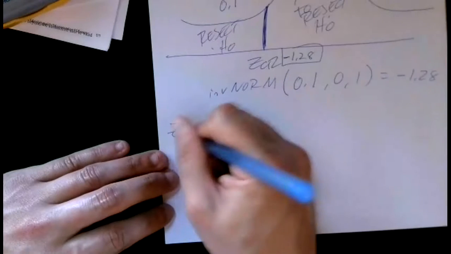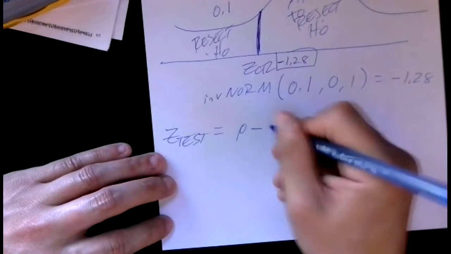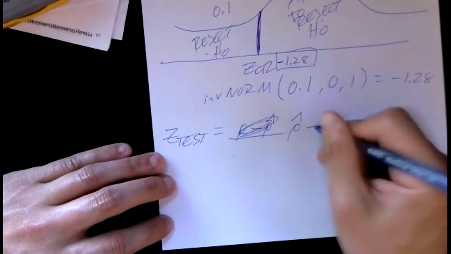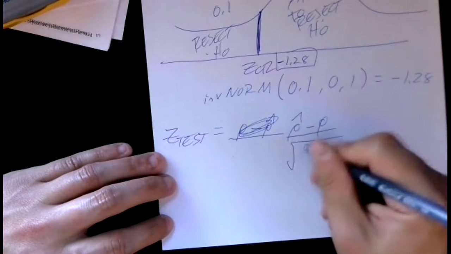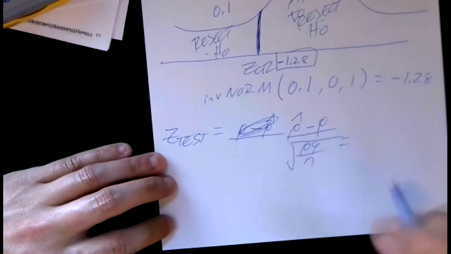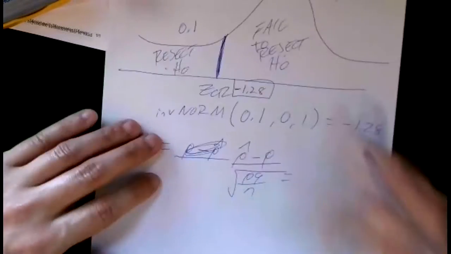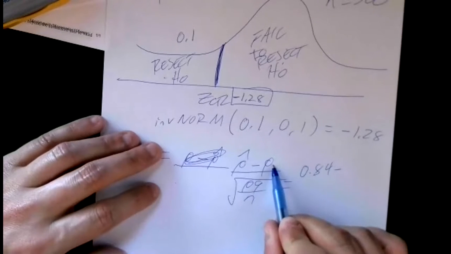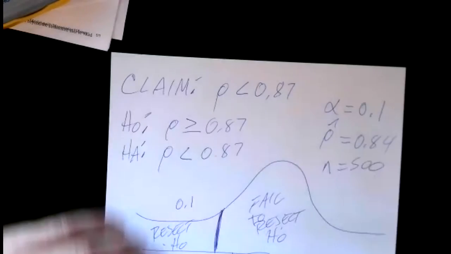Let's find the test statistic. It's p hat minus p over the square root of pq over n. P hat, the sample proportion, is given to us as 0.84. P, the population proportion, we assume from the claim, which is 0.87.